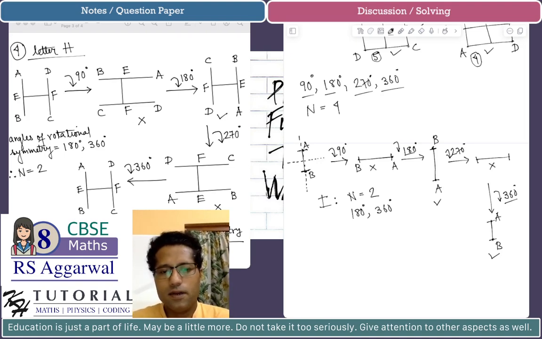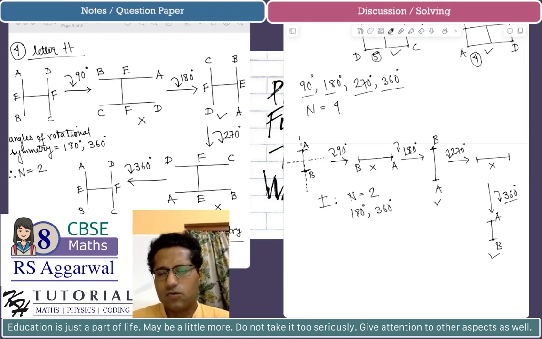It depends on the figure, and if the figure has multiple lines of symmetry, it will depend on the angle between the lines of symmetry of the figure.